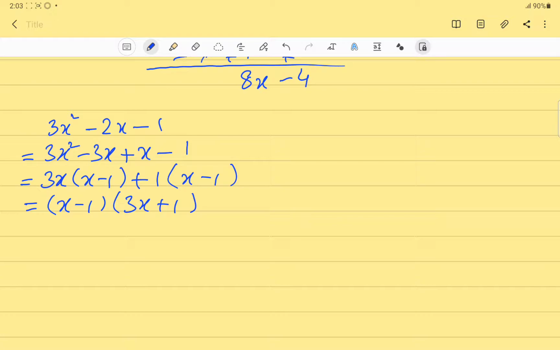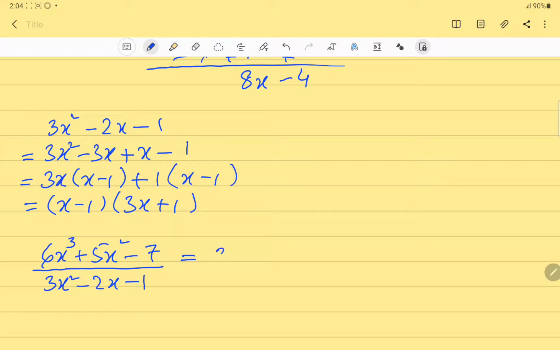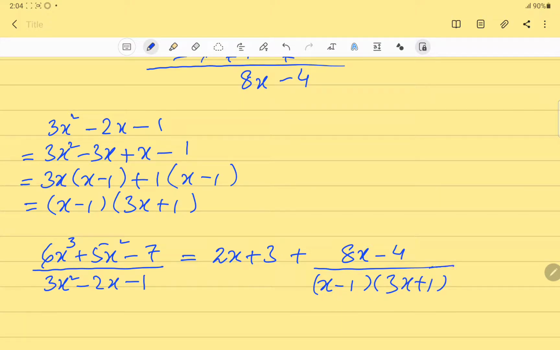Okay, so now our given fraction will look like 6x cubed plus 5x squared minus 7 over 3x squared minus 2x minus 1 is equal to 2x plus 3 plus 8x minus 4 over x plus 1, x minus 1 into 3x plus 1.